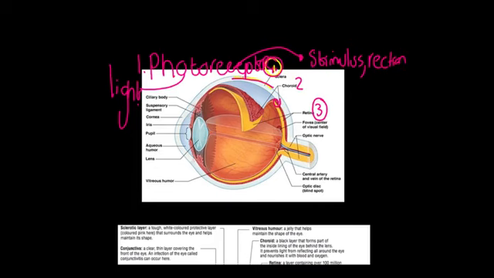So with a photoreceptor, light is going to cause this little nerve impulse over here to function and to send a message. Now, as I said to you, what are we looking at? Number one, when we look at the light, what must the light do? I'm going to say pass through. So number one, my light needs to pass through.